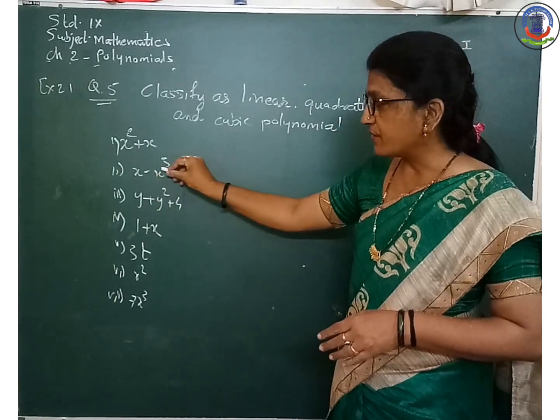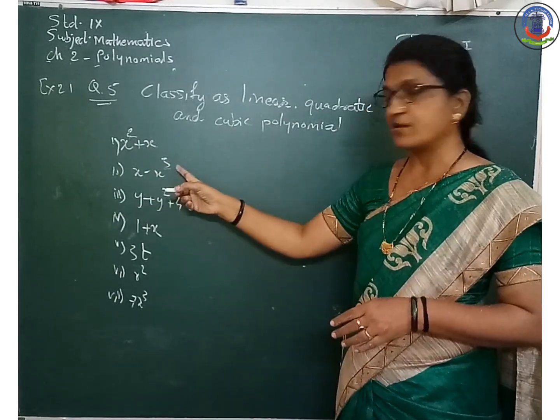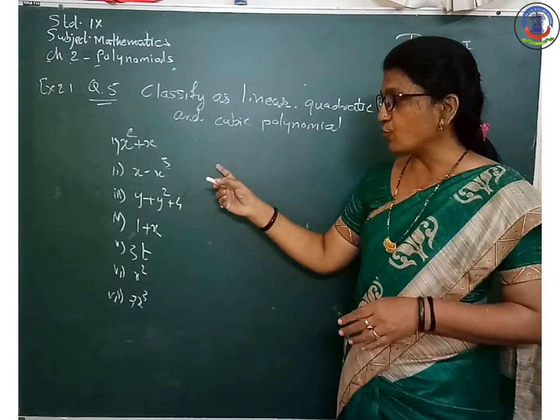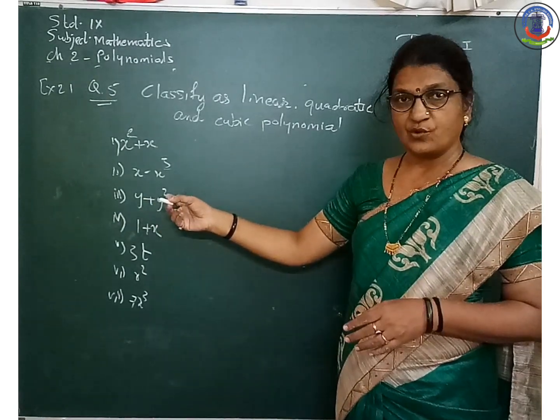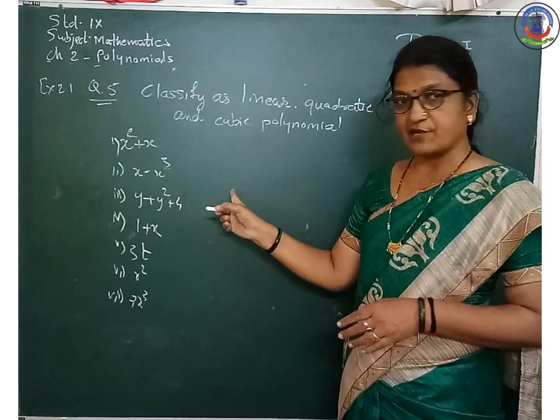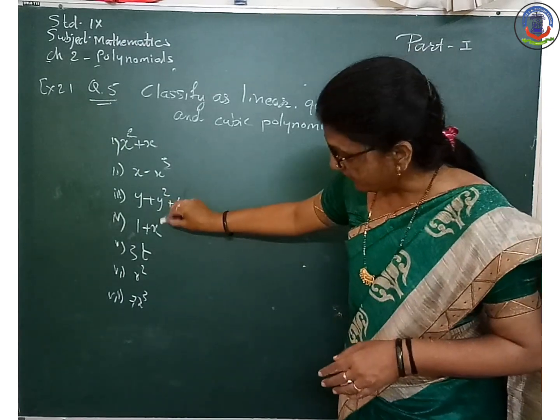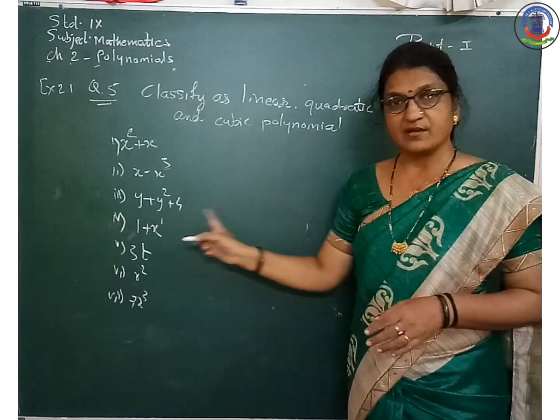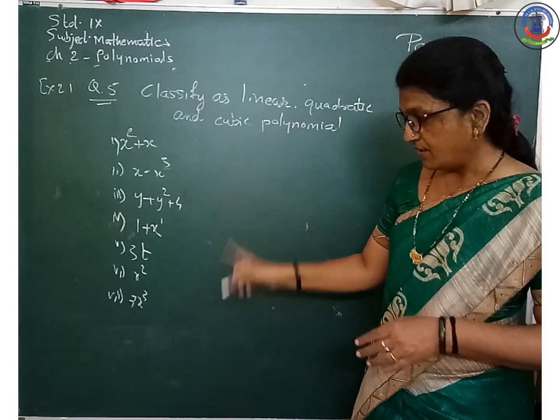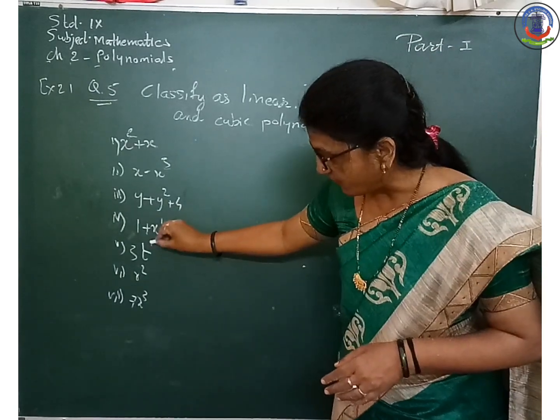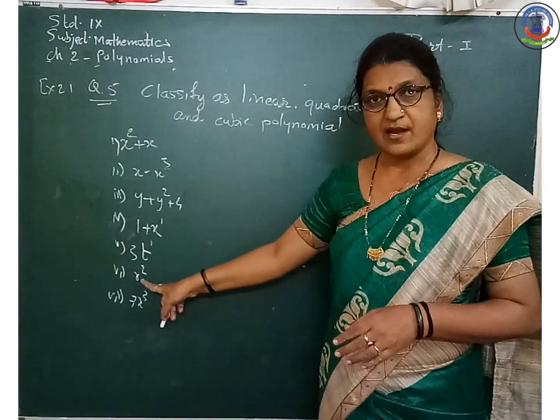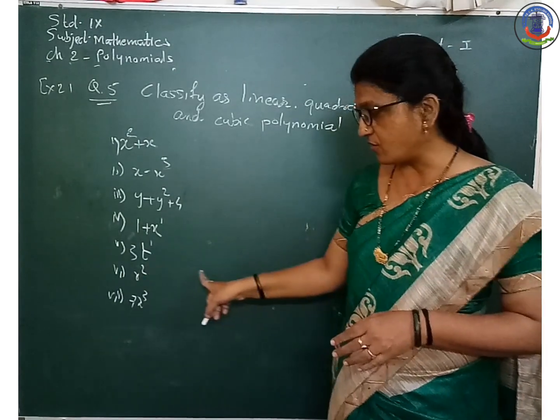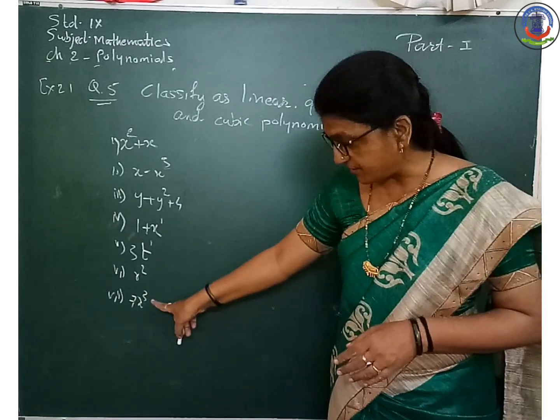Here the highest power is 3, so it is a cubic polynomial. What about this? The highest power is 2, so it is quadratic. Here the highest power is 1, so it is a linear polynomial. Here also the highest power is 1, so linear. Here r square, so it is quadratic. And here it is cube.